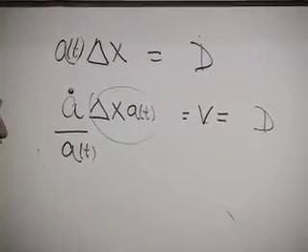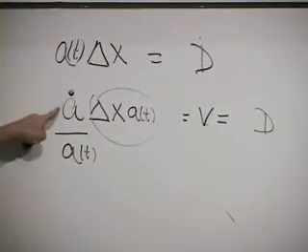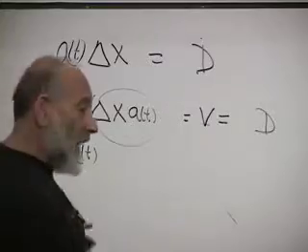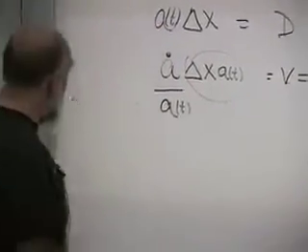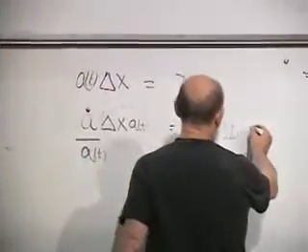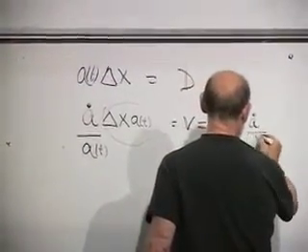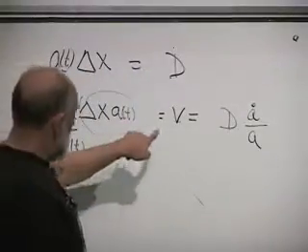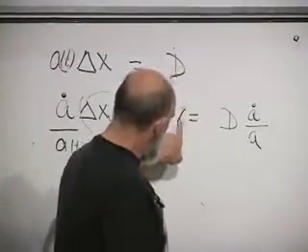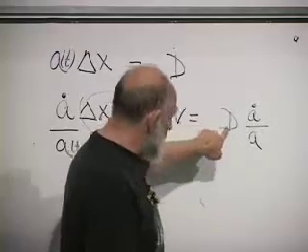It depends on when you are, but not where you are. A dot over a. Remember, a does not depend on position in space. It does depend on time. A dot divided by a. All right? A dot divided by a is the coefficient relating velocity to distance.